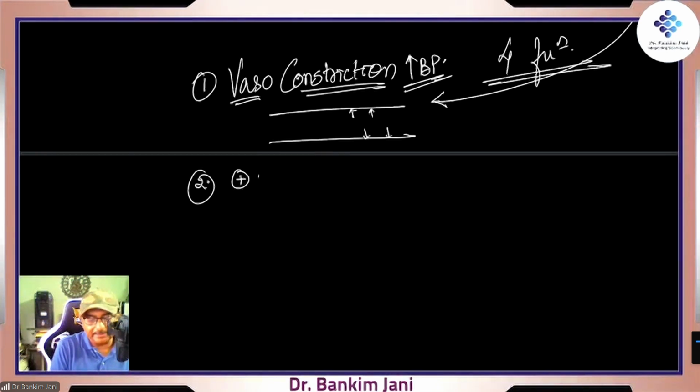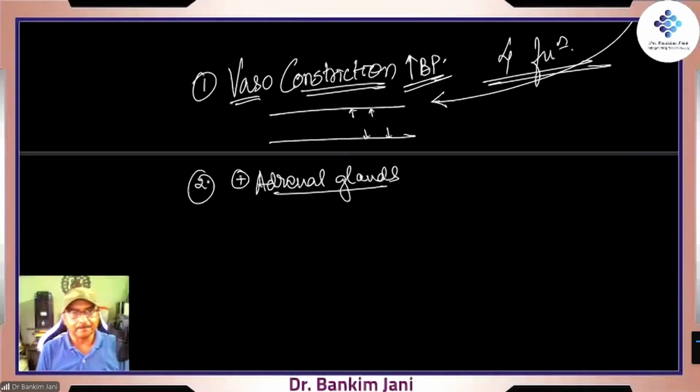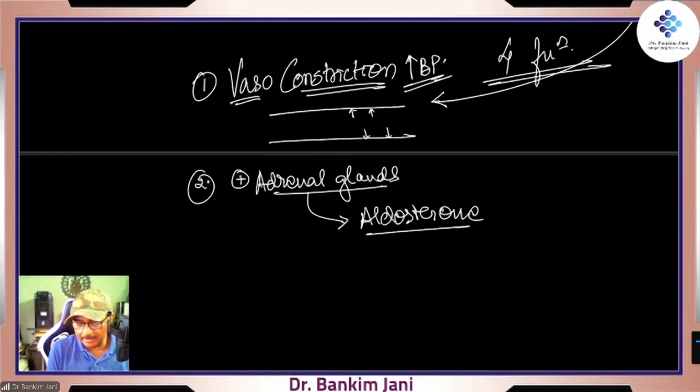Those adrenal glands were sleeping comfortably, and it will go over there and stimulate them. Come on, do some work. So they will release what's called aldosterone. Right? The name is like a monster. Very powerful name, aldosterone. This aldosterone is like a Hitler.